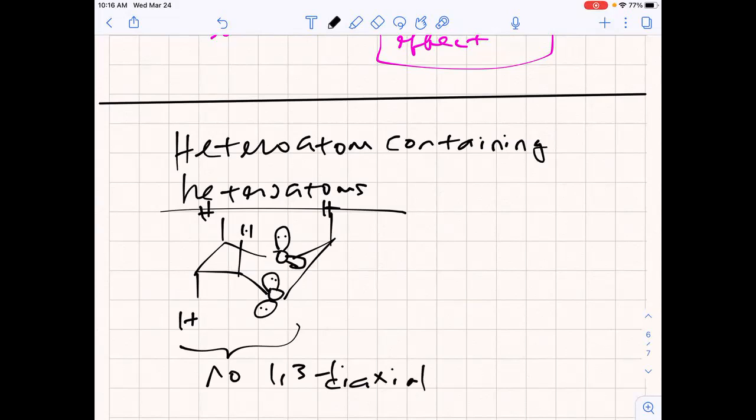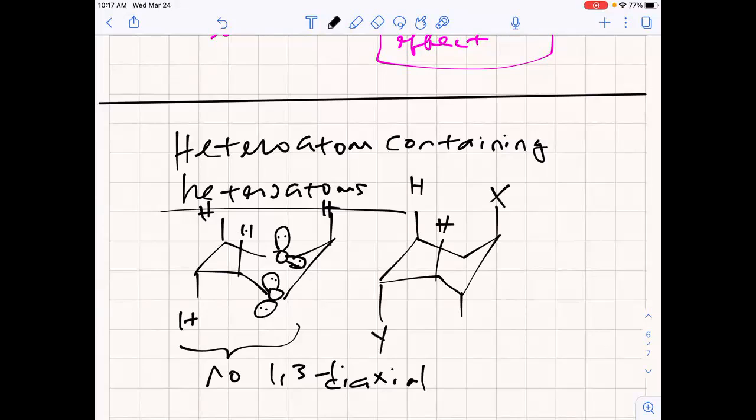So you can think about something like 1,3 dioxane, depending on where your substituent is. That's gonna really dictate whether something is axial or equatorial, based on the fact that those lone pairs on oxygen don't cause any steric hindrance. So when you compare that to just a regular chair with no heteroatoms, again, you got all of these interactions here that can happen.